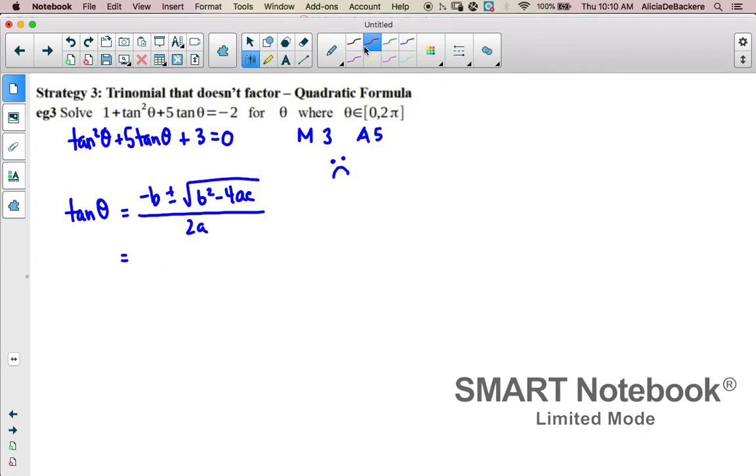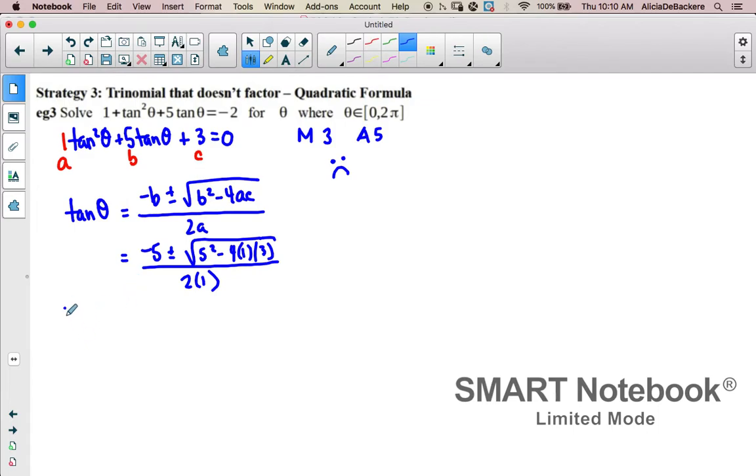So here I've got the a is 1, the b is positive 5, and the c is positive 3. So I'm just plugging all of that in. All right, and then I'm going to plug this into my calculator.